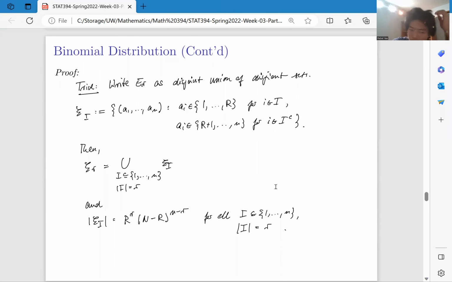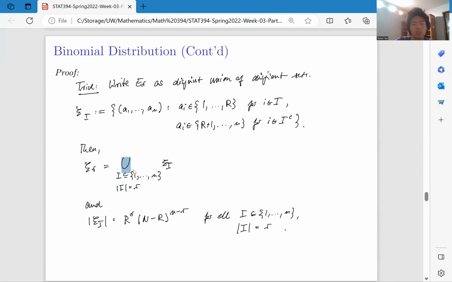If we do it clearly, we want to talk about E_R. How E_R works is for all of the sets I. The sets I have one thing in common: their cardinality, or set size, is equal to R.